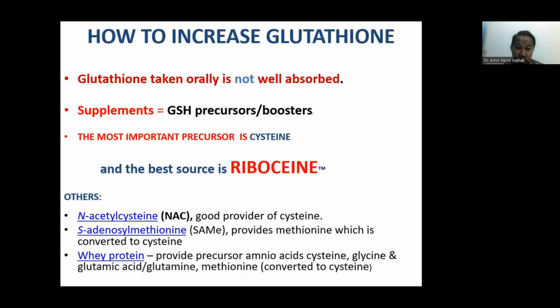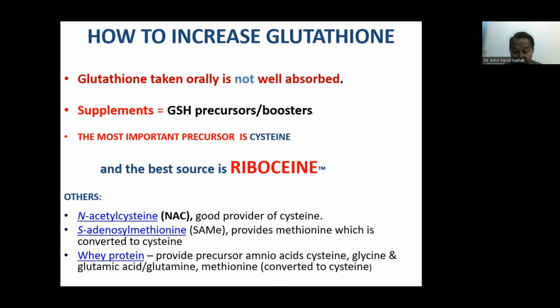Okay, this is how we do it. Unfortunately, even though the plants and animals that we eat also contain glutathione to protect themselves, glutathione is so fragile, it just gets digested when we eat it. So scientists have discovered that the best way to help our body is to provide cysteine, which is the rate-limiting precursor.